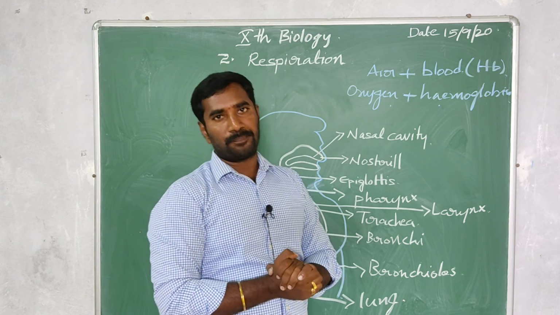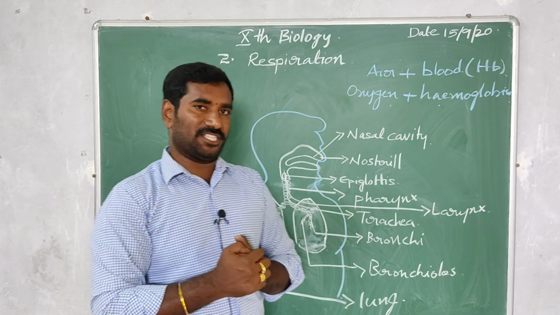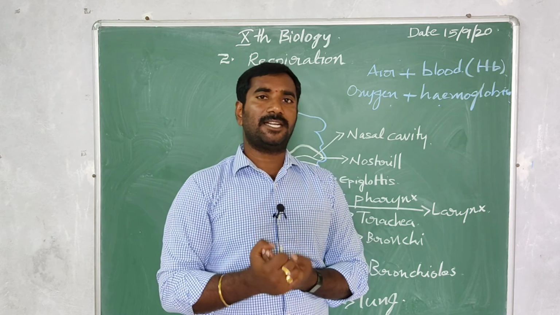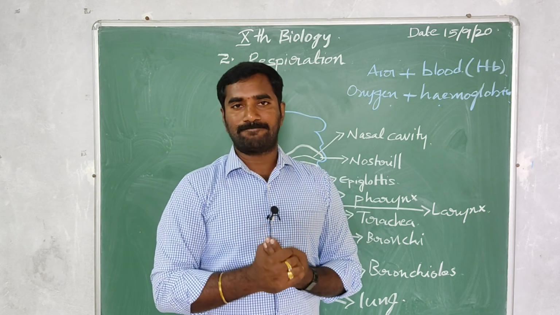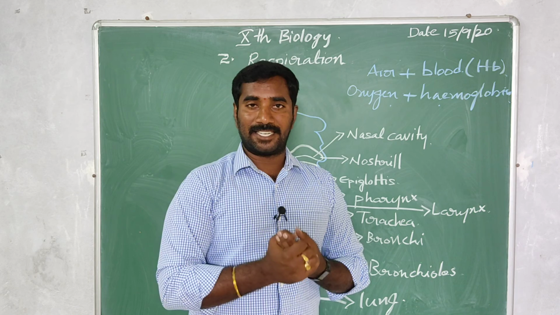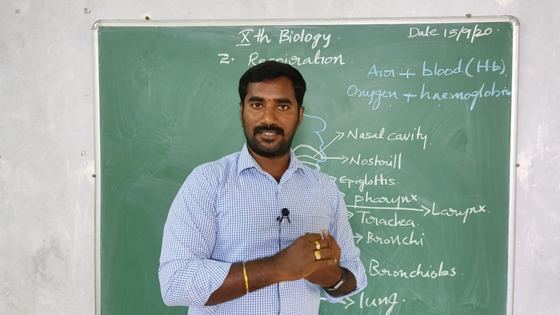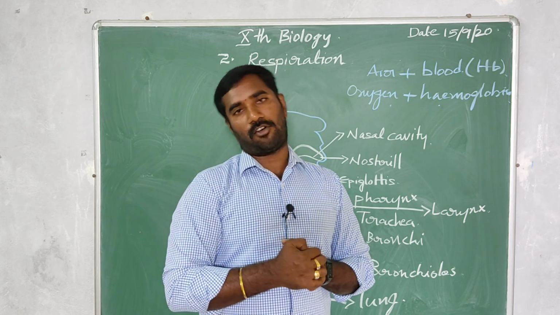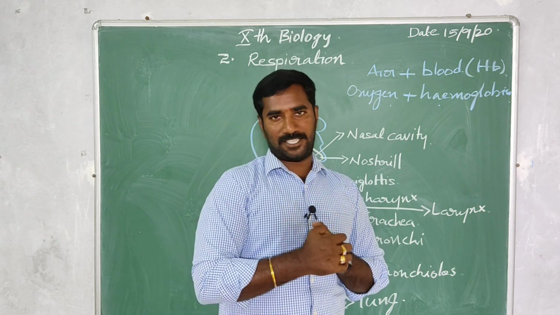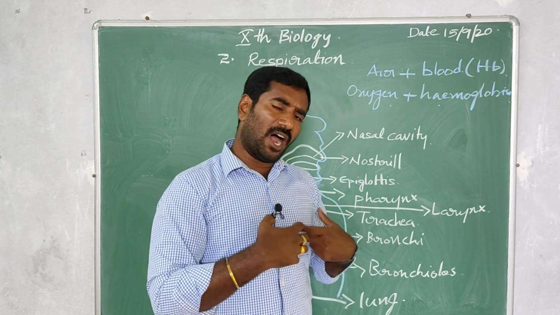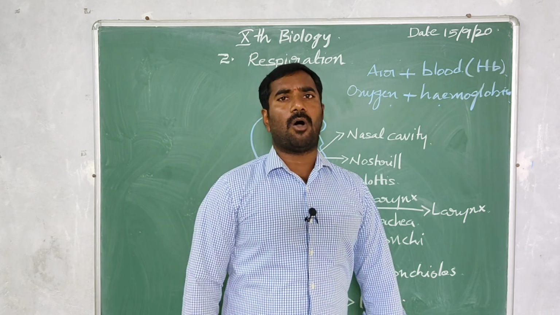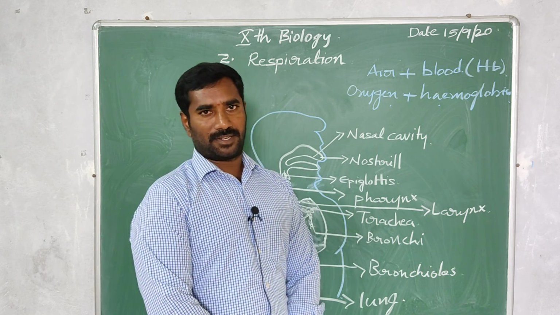Have you understood now? Air exchange at blood level. Now the blood enters the heart combined with oxygen. Now it is oxyhemoglobin. Now the heart pumps the blood to all the body parts.